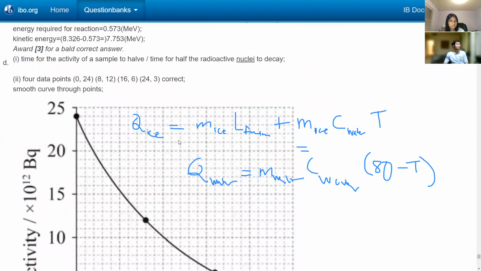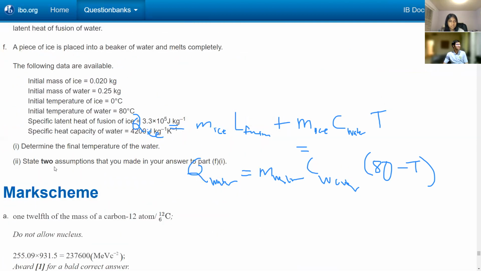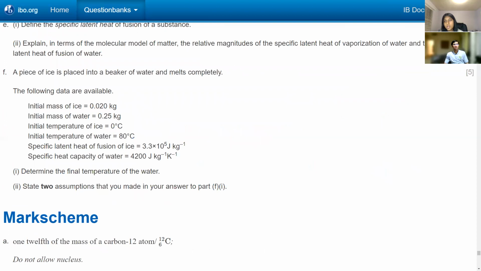State two assumptions. First, no energy was lost to the surroundings, or the beaker did not transfer energy to the surroundings, and no energy was transferred to the beaker.